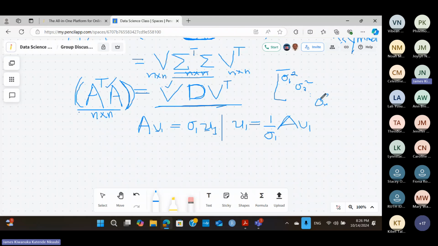Or if you like, maybe it's better to just write this as, instead of writing them like that, we can assume the eigenvalues of this matrix and write them as lambda 1, lambda 2, up to lambda n. So this will be our matrix D. This will be the eigenvalues of this matrix. Of course, everything off the diagonal will be 0.